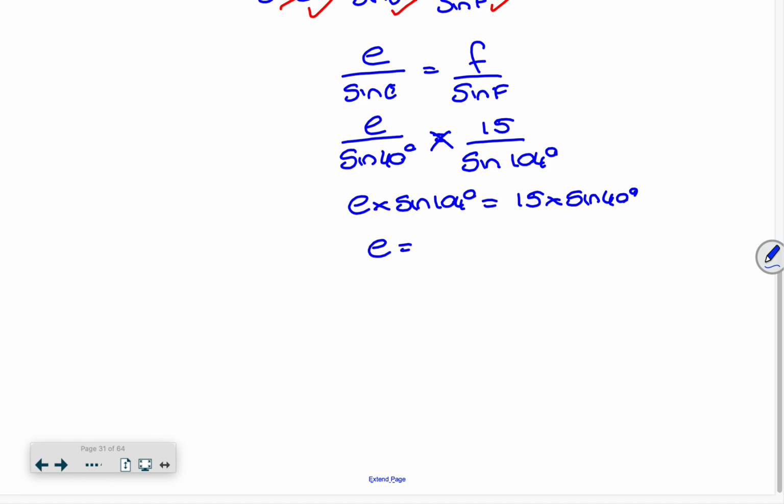So e is equal to 15 times sine 40 over sine 104. Okay, so go to a calculator and type that in. 15 times sine 40 divided by sine 104, and we should get 9.93698507.